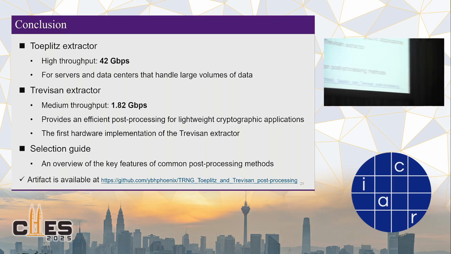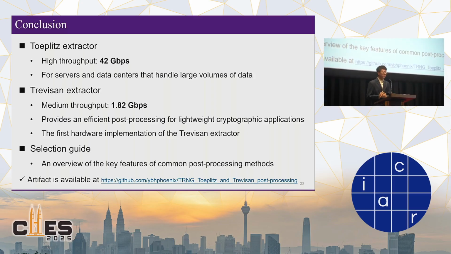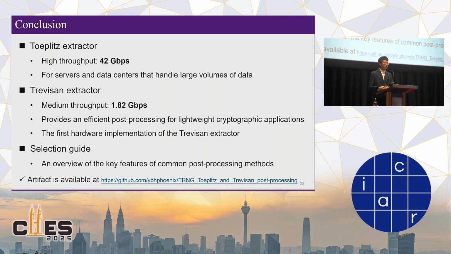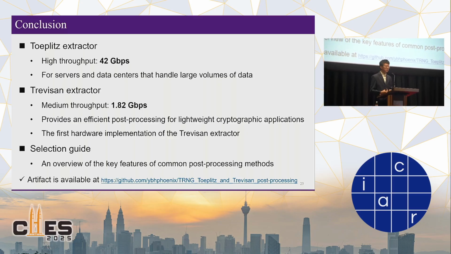We do not consider the temperature variation of the entropy extractor because the entropy extractor is a deterministic function that extracts the randomness from the entropy source. So the post-processing doesn't need to consider the temperature or temperature variation.